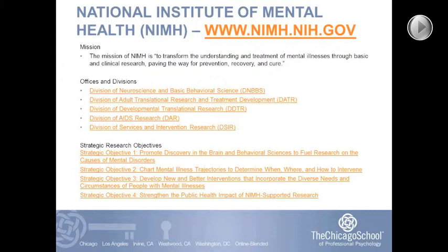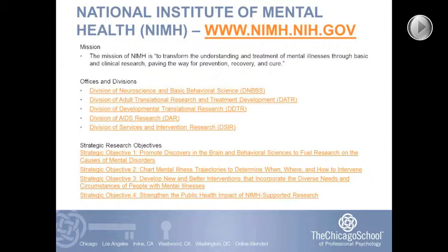And another way to go about that is each institute will list its research objectives, and they'll have certain strategic objectives, and you may be able to determine that your work fits in one or more of those objectives as well. And in this case, one of their objectives is discovery in brain and behavioral science.